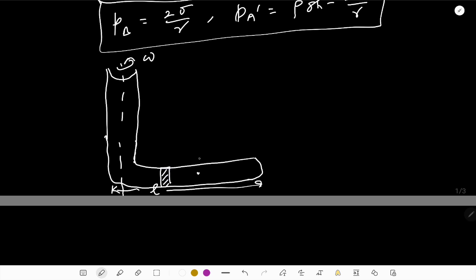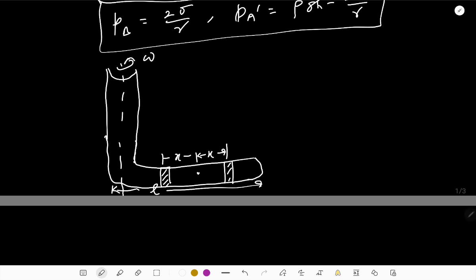One segment is this, and this is at a distance x from the center of the horizontal elbow, and another is also at the same distance from the midpoint, that is at a distance x. And what I did, I mentally divide the horizontal elbow into n segments, altogether L segments of very small length.